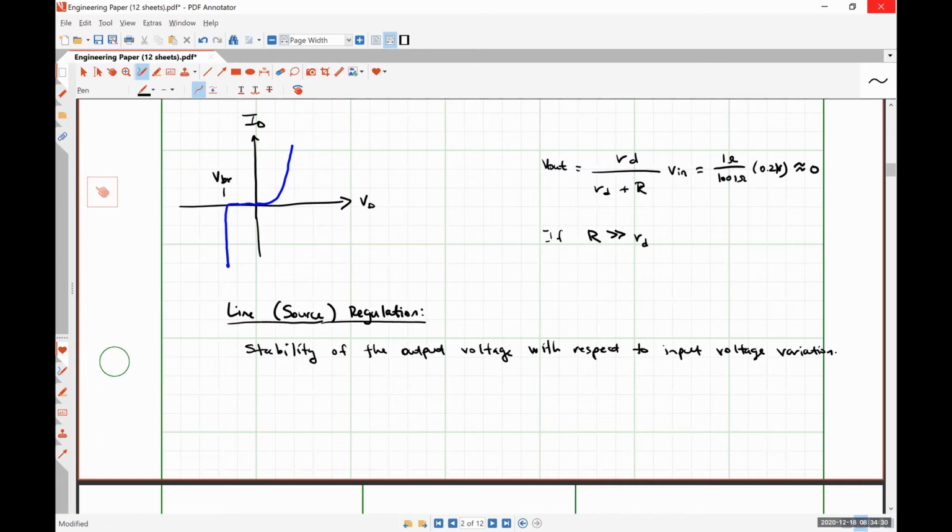So this is simply delta V load divided by delta VSS times 100%.